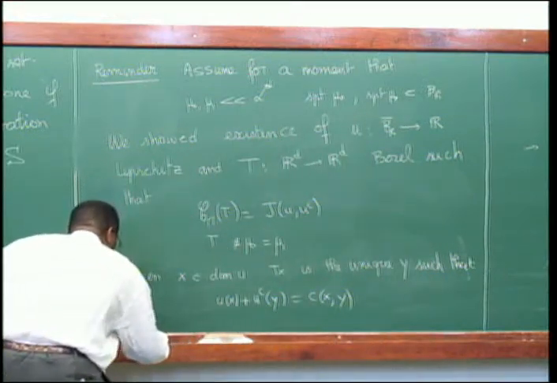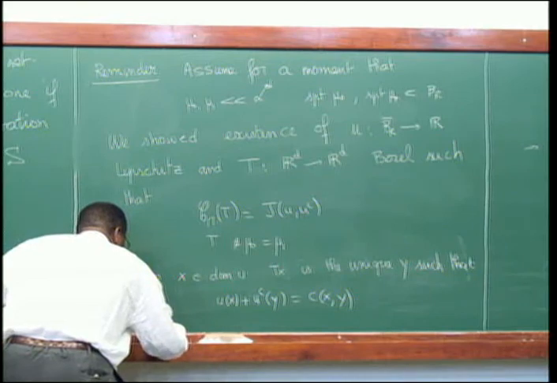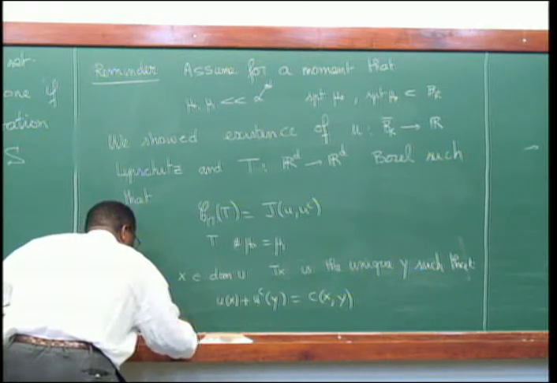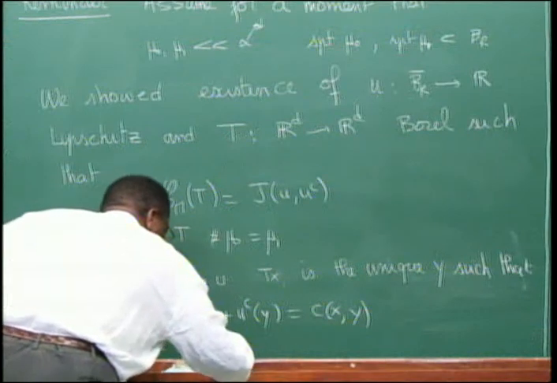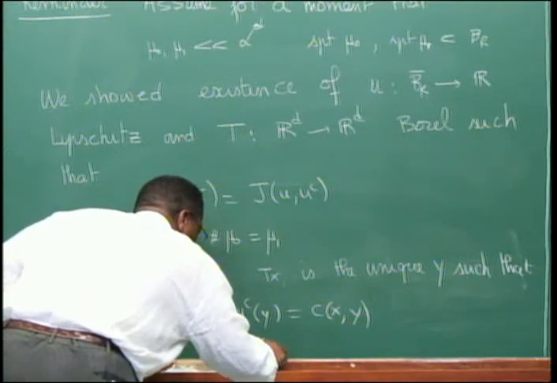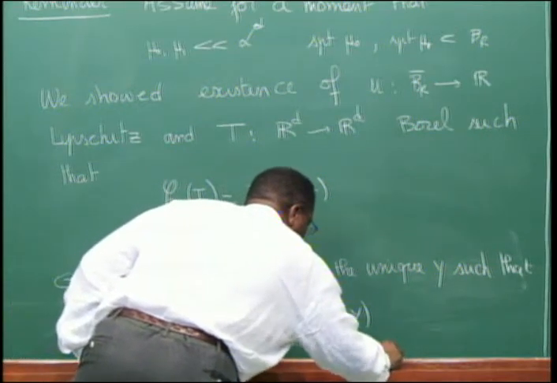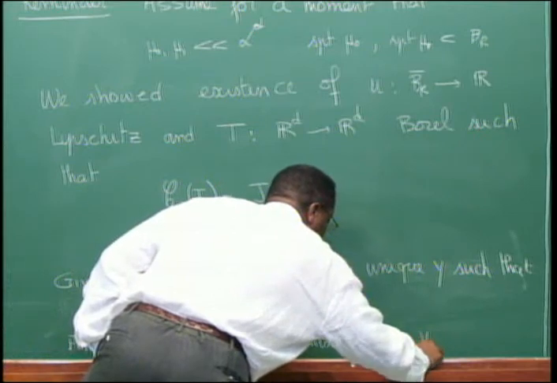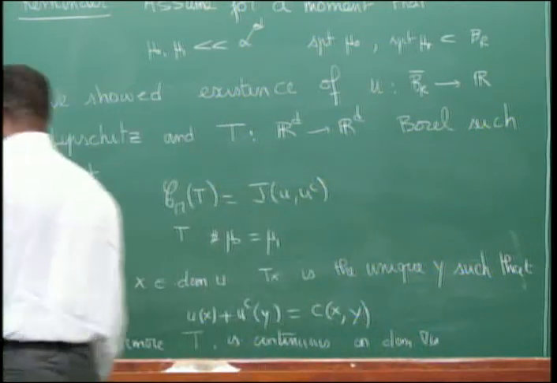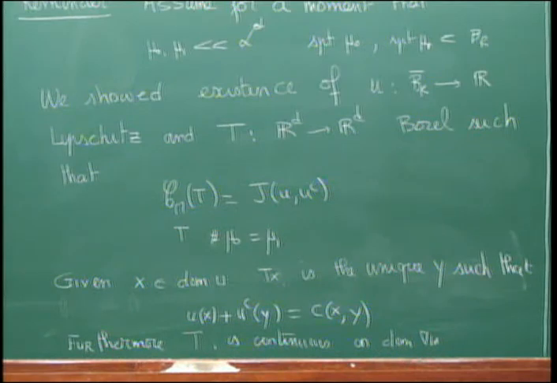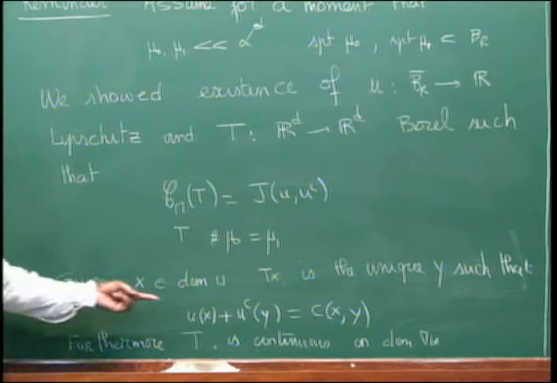Furthermore, T is continuous on the domain of the gradient of u. So when the supports of mu naught and mu 1 are bounded, then the optimal map exists. It is unique, and it is characterized by this property.